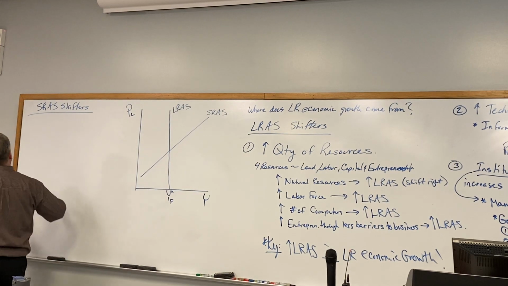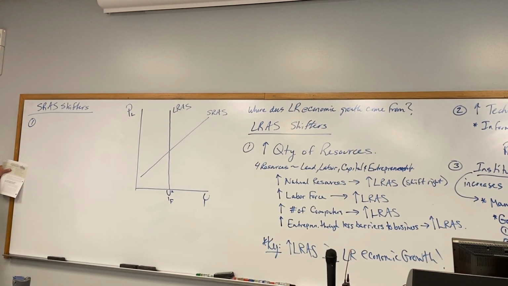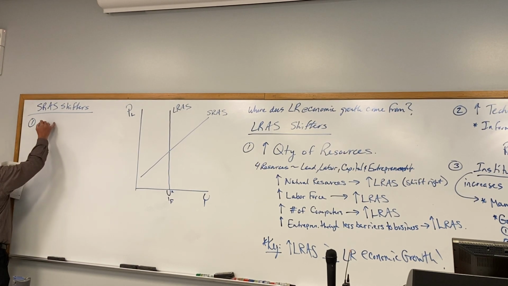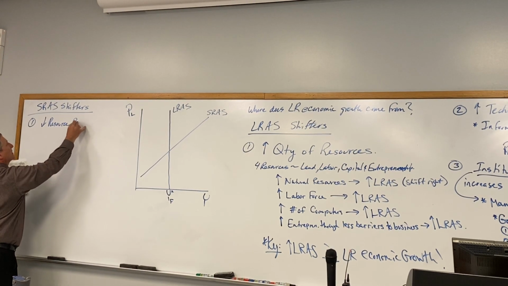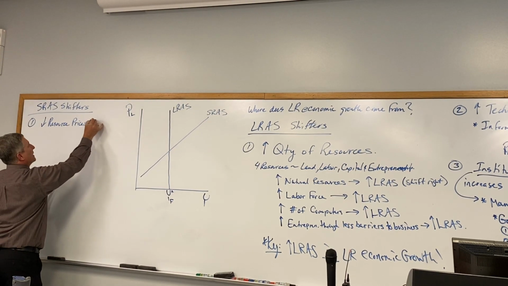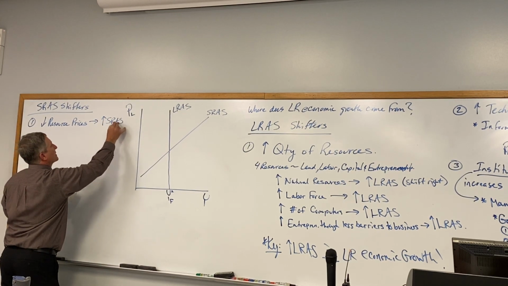Number one is the most important one, and that is a decrease in resource prices. So a decrease in resource prices leads to an increase in the short run aggregate supply curve.